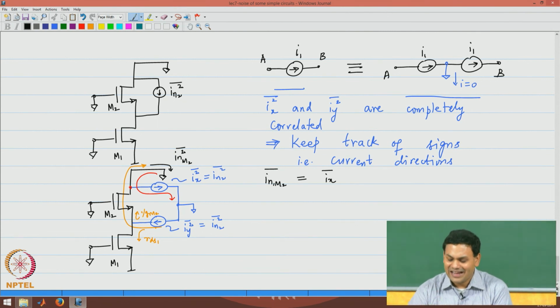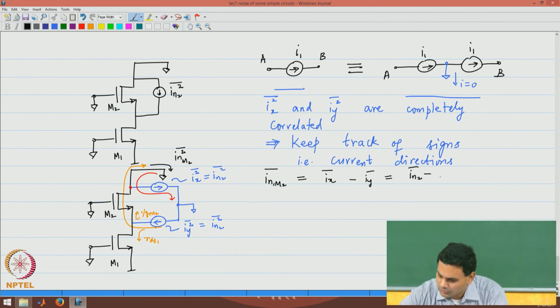So, In M2 will have a component from Ix which is Ix itself, minus, please note that the two current directions are opposite, minus Iy, because almost all of Iy flows through the output also in the opposite direction. This means that most of the noise from M2 does not make its way to the output.